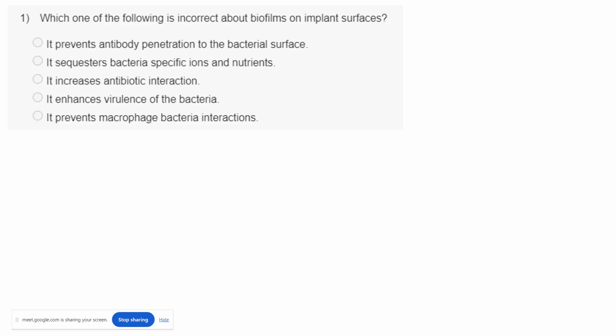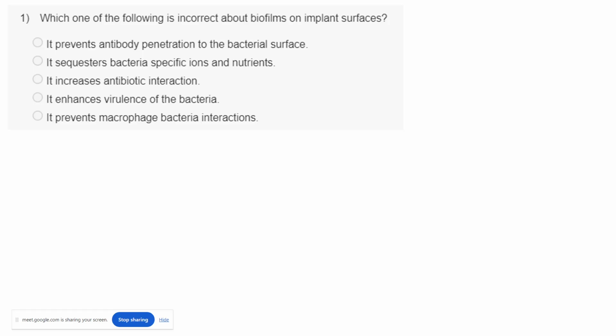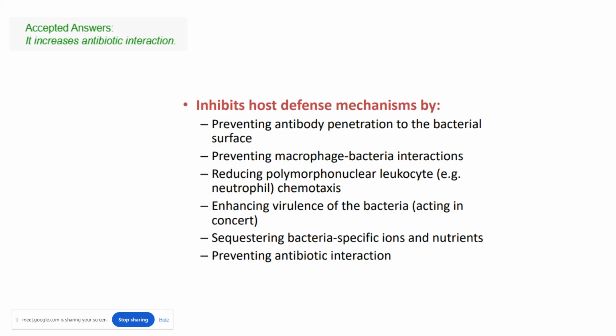It increases antibiotic interaction. This is actually incorrect about biofilms. So all the other options, that is preventing antibody penetration to the bacterial surface, sequestering bacteria specific ions and nutrients, enhancing the virulence of the bacteria, and preventing macrophage bacteria interactions, is all correct about biofilms. And instead of increasing, it prevents antibiotic interaction.